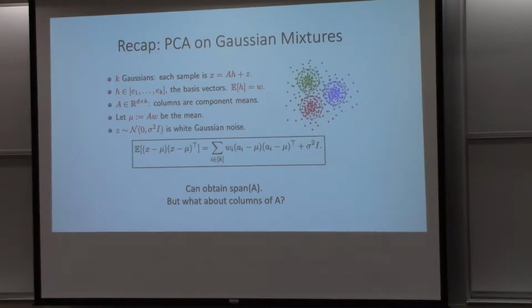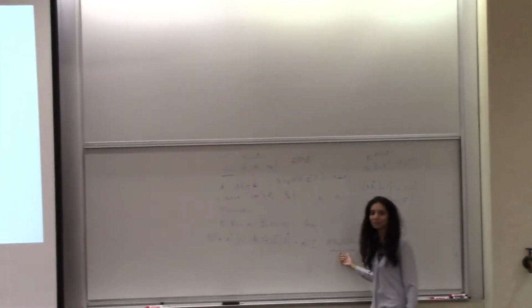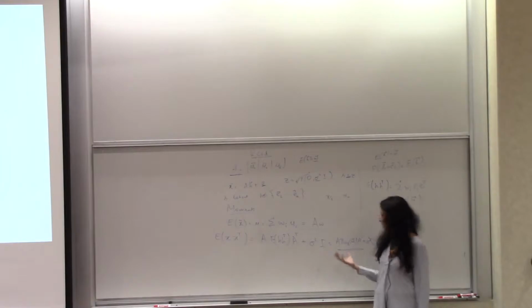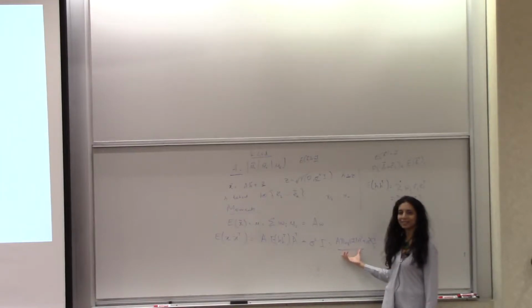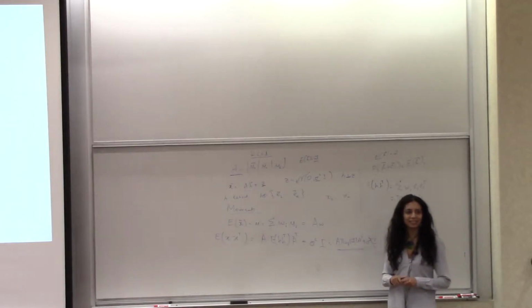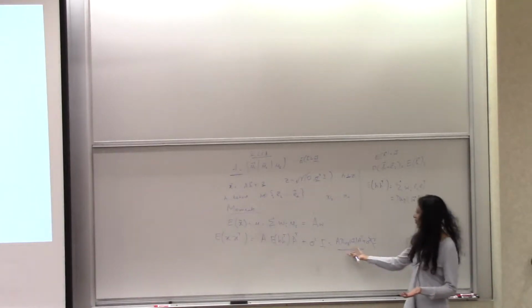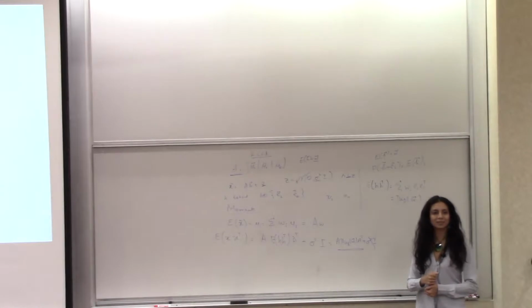So if I knew only this product form, can I recover A? Can I uniquely recover A if I only knew this part? Or when can I uniquely recover A if I only know this product?